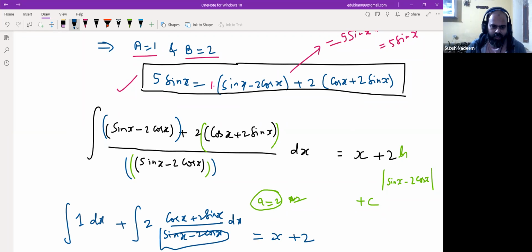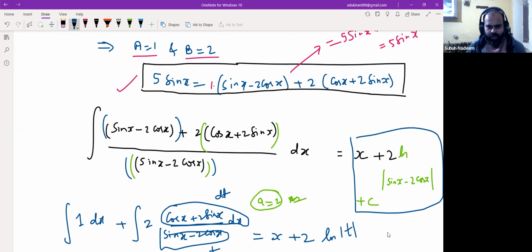This, if you take as t, this numerator will automatically be dt because its derivative is in the numerator. That is why we have taken it. You can check also, the derivative of sin x minus 2 cos x is cos x plus 2 sin x. So this will be log of mod t, then you put t as sin x minus 2 cos x. Have you got it? Yes.